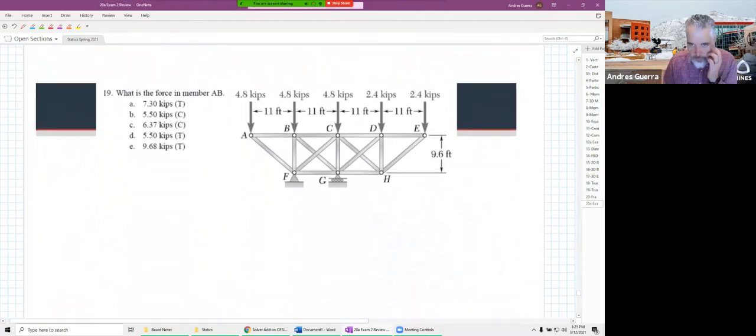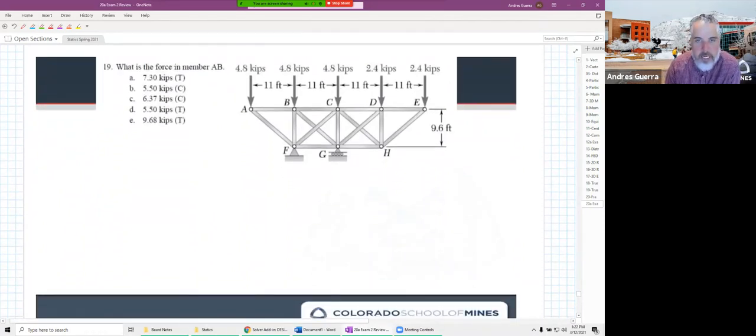Okay, moving on to number 19 here. What is the force in member AB? Our general process for trusses is an FBD of the whole thing to find support reactions.